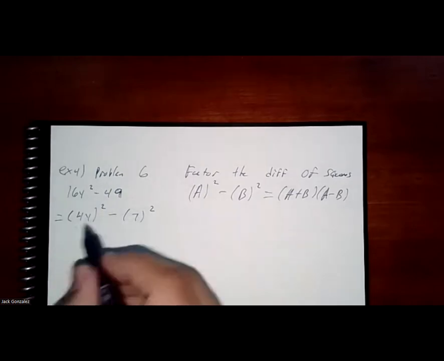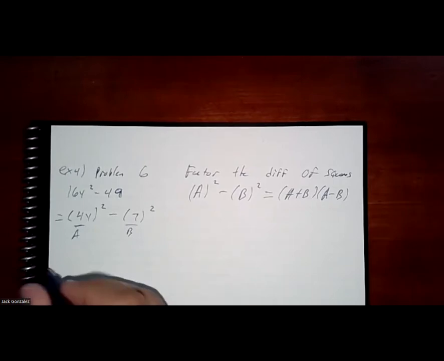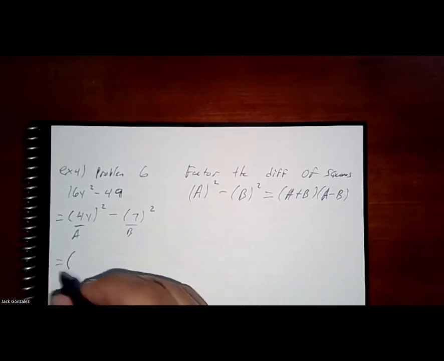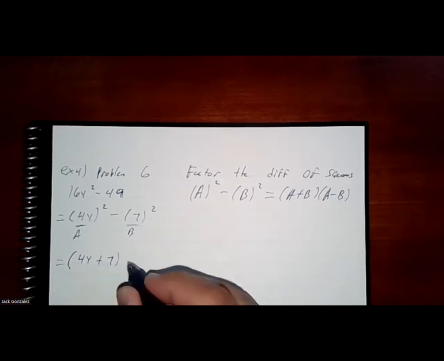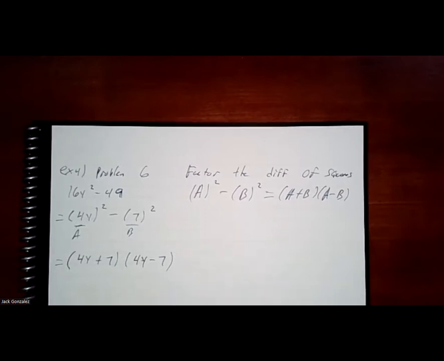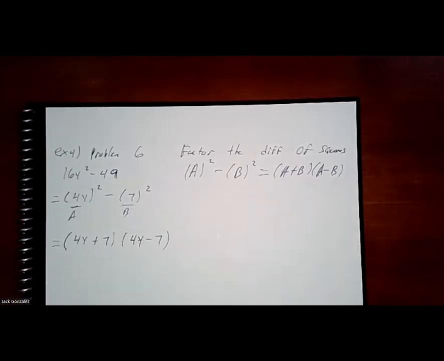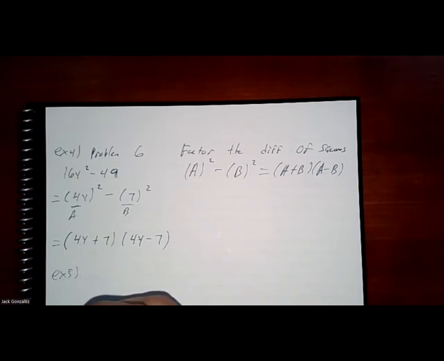The a is this term, and this is my b. So that would become a plus b times a minus b. It doesn't matter which way you do it. A minus b or a plus b can go first. But just make sure you factor first if you need to. Any questions on number 4? No. Okay.